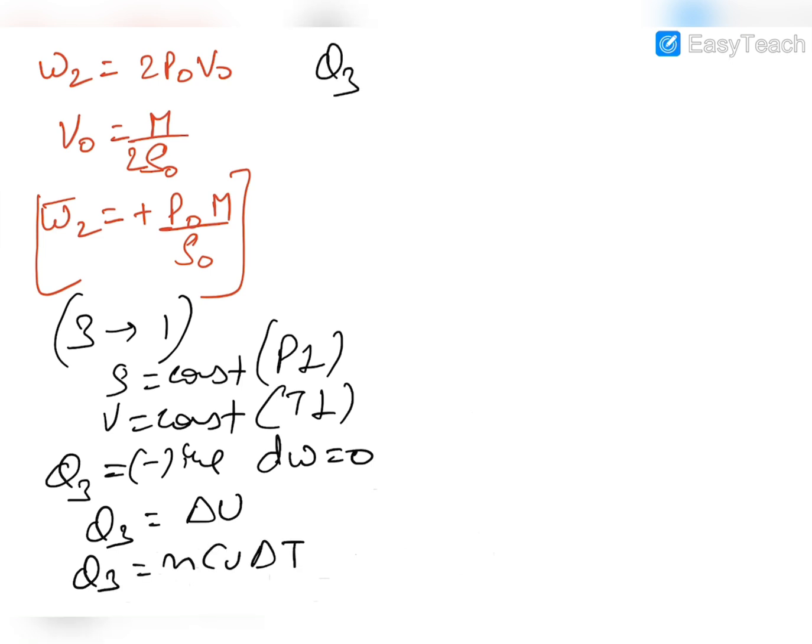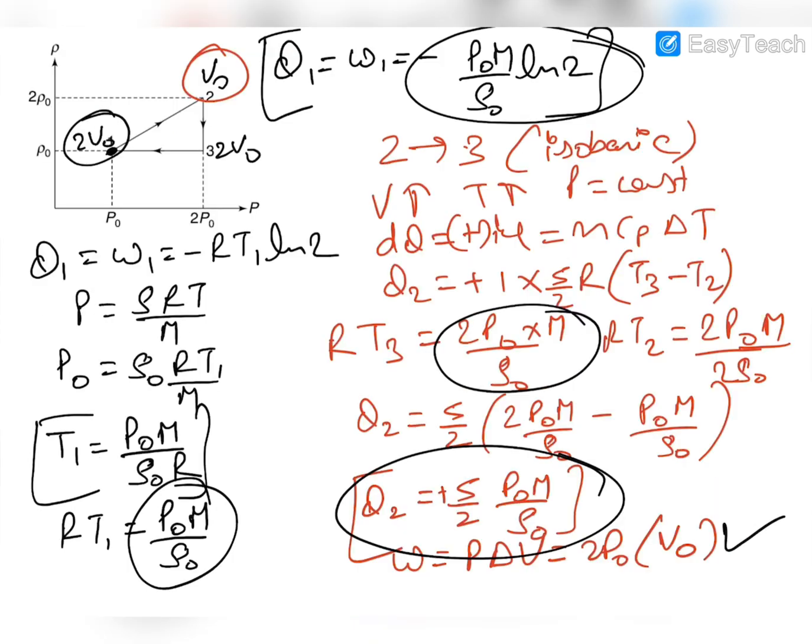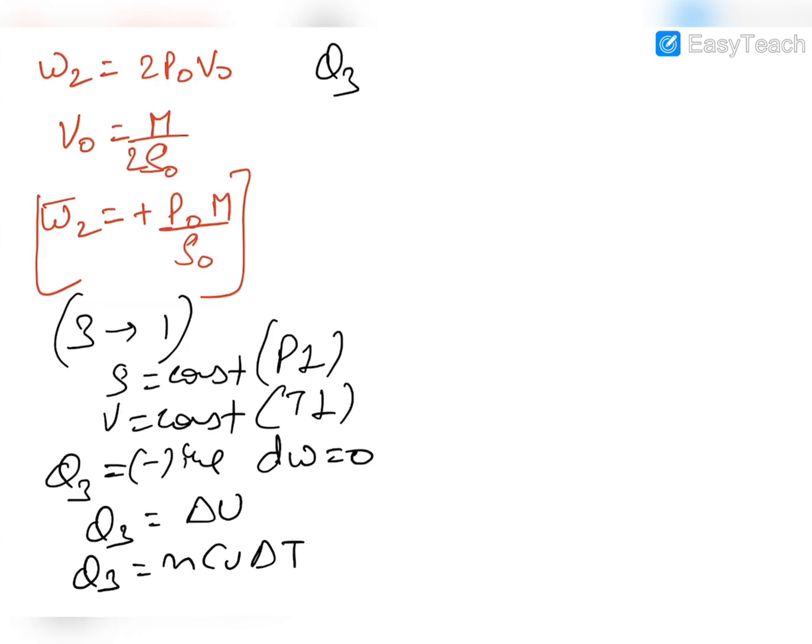So Q3 will be equal to n Cv delta T, and delta T would be T1 minus T3. So Q3 will be equal to n is 1, Cv is 3 by 2 R, and it would be T1 minus T3.